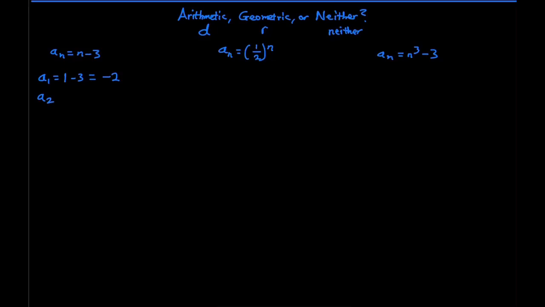Then you go further. You put a 2 there where the n is. We're just starting over, basically. And you got 2 minus 3. Then you got -1. And then we're starting over for a3.